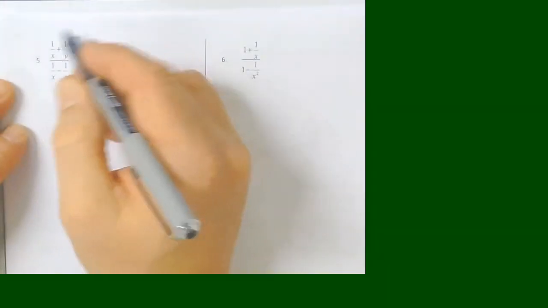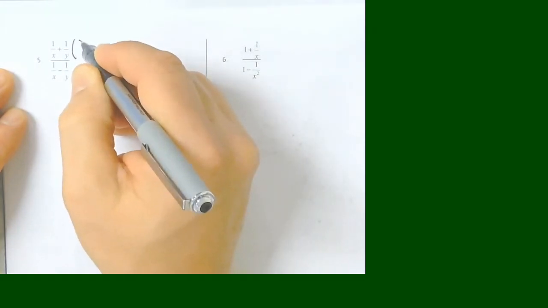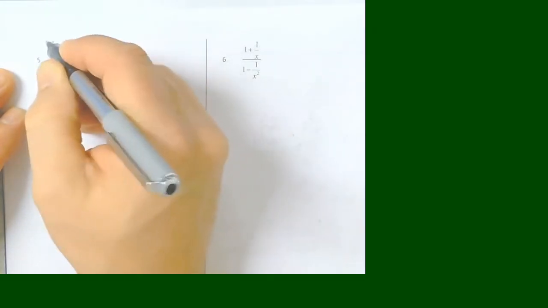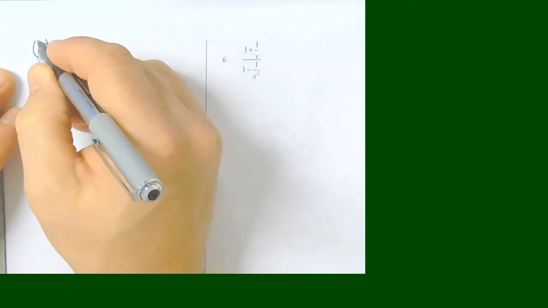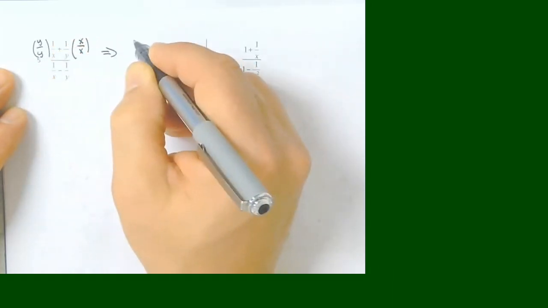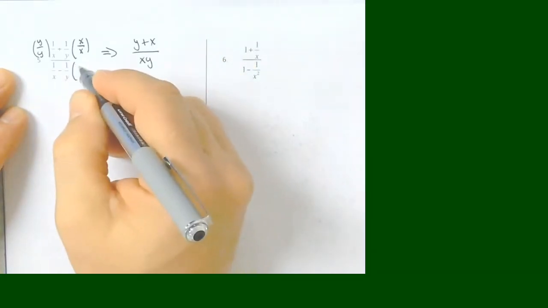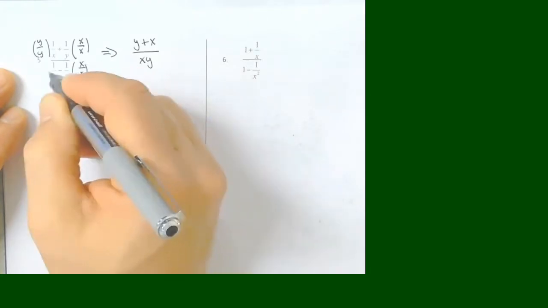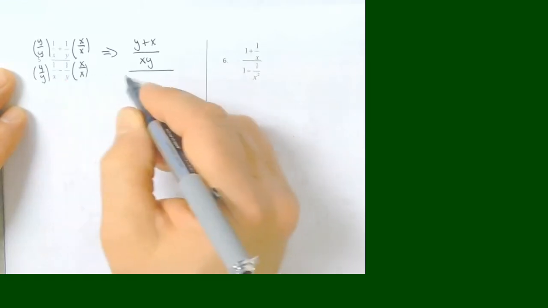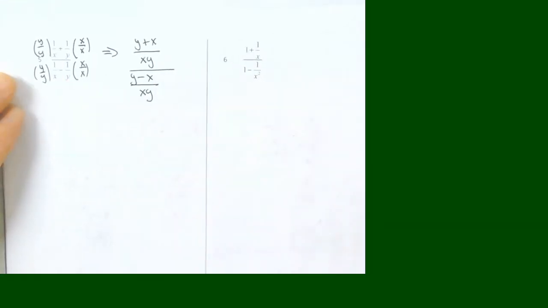So let's get a common denominator on the top. Multiply by x over x. Common denominator on the left, y over y. That gives me y plus x over xy. Same thing on the bottom, x over x, y over y. That gives me y minus x over xy.